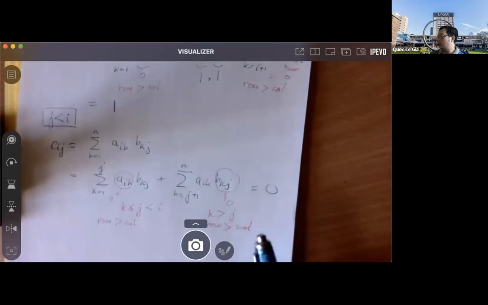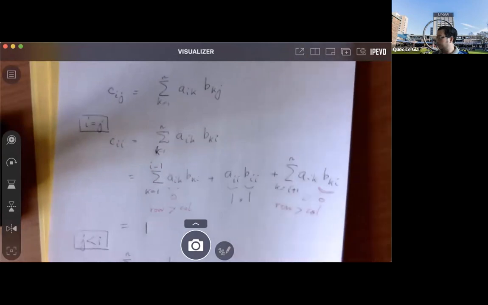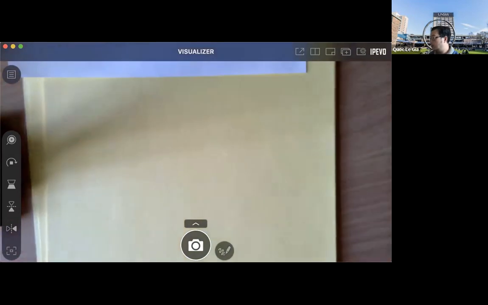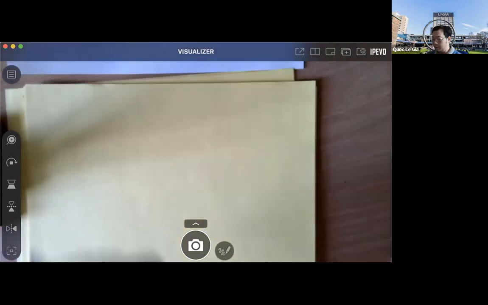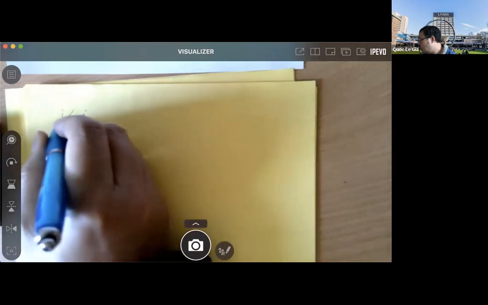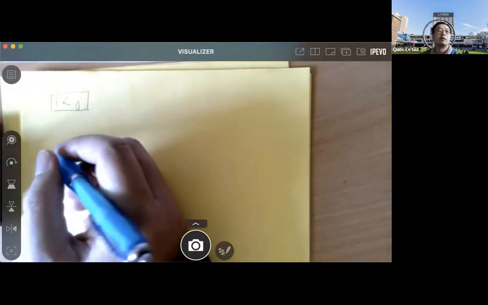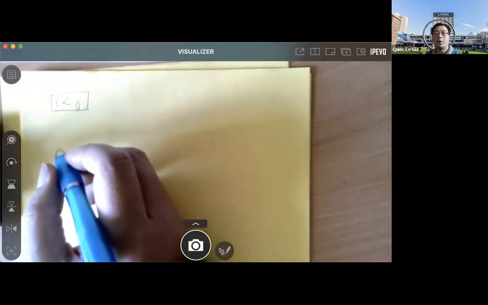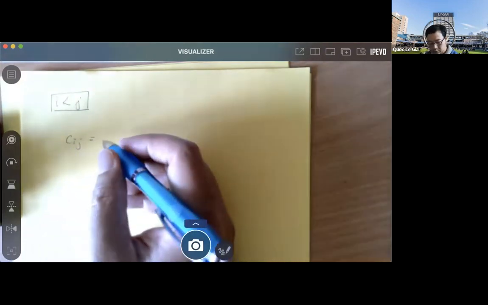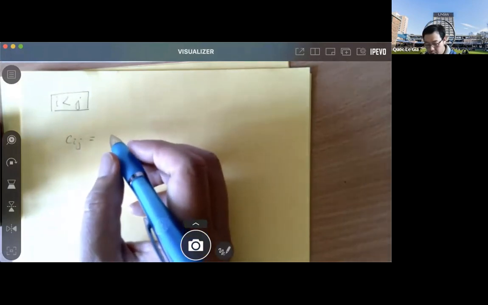So now we just consider the other part of the matrix C. If I consider I less than J, then I'm going to write down Cij. Remember you have the sum, right? But now I split it into 3 terms.